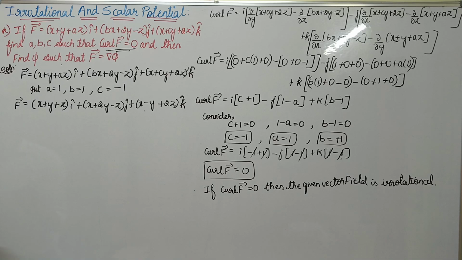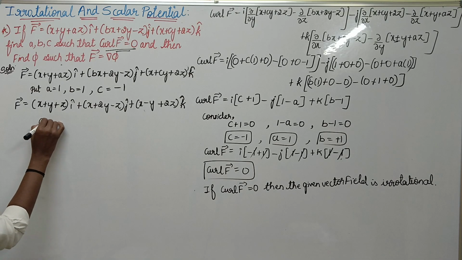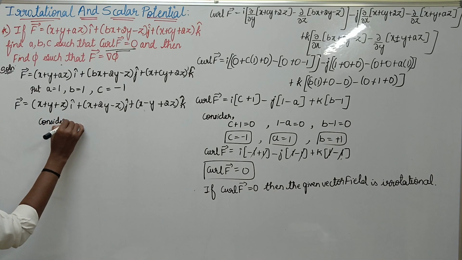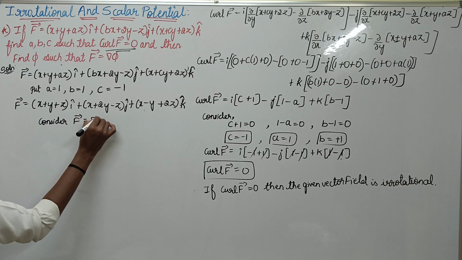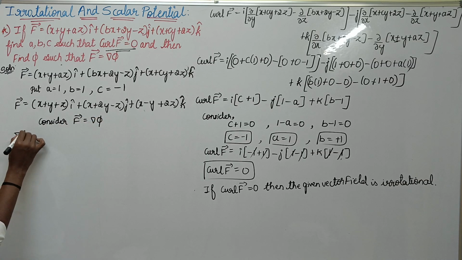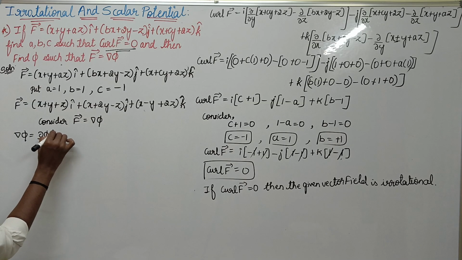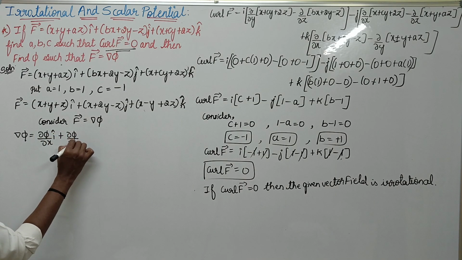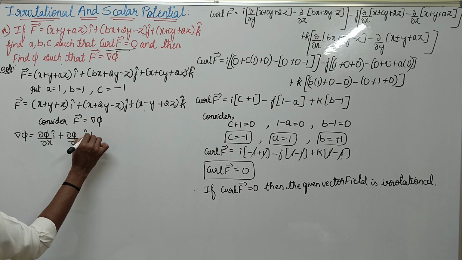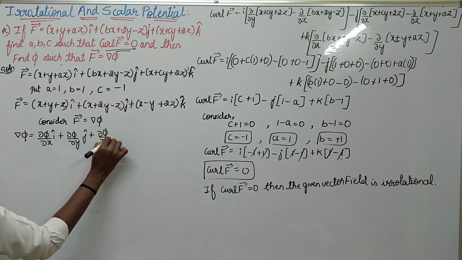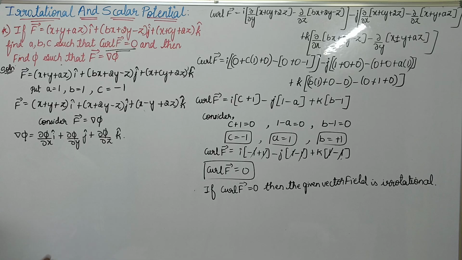Considering this, we are going to find the scalar function phi. Consider vector f equal to gradient phi, where gradient phi is equal to dou phi by dou x i cap plus dou phi by dou y j cap plus dou phi by dou z k cap.